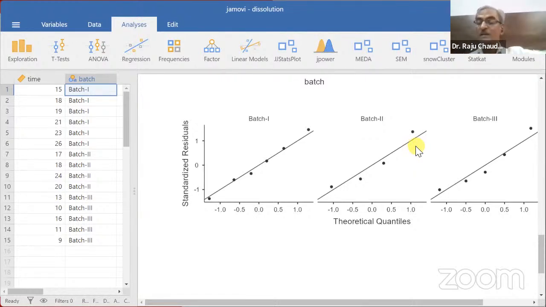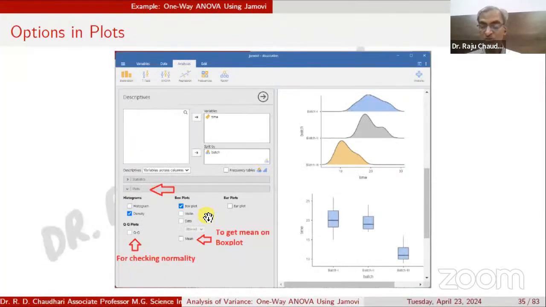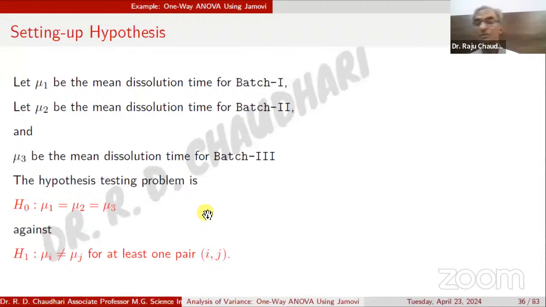But this shows that almost all the observations for every batch are close to the reference line. So we assume that the data is coming from a normally distributed population, right? So this is how we can go for it.